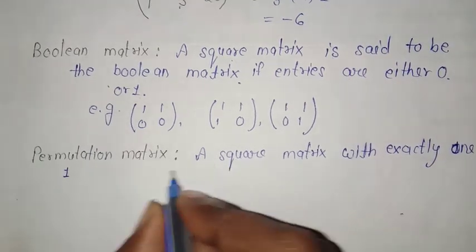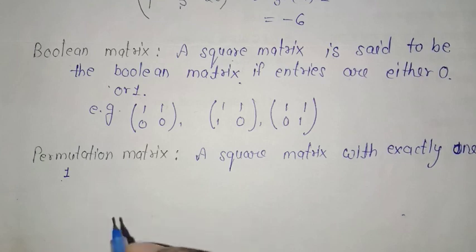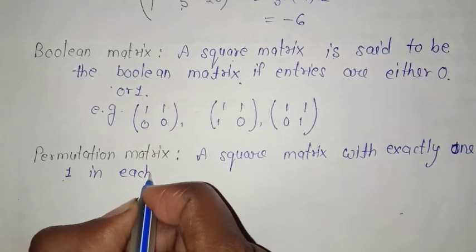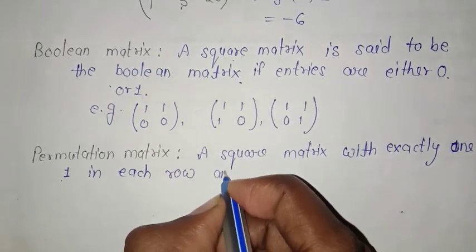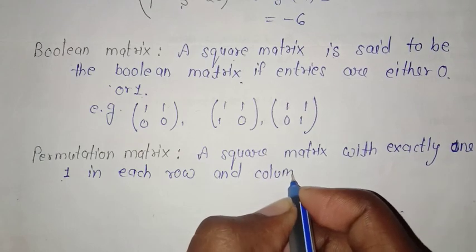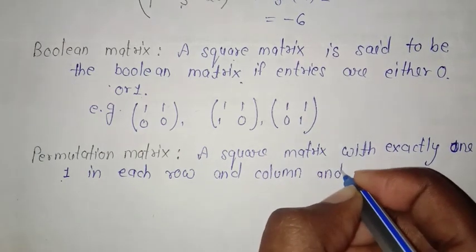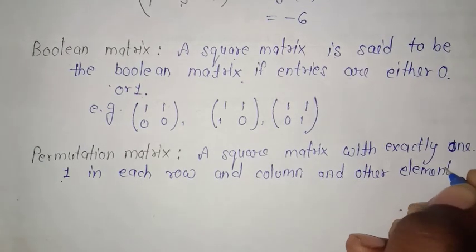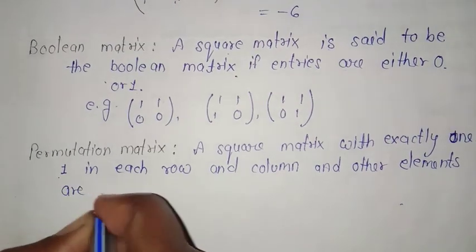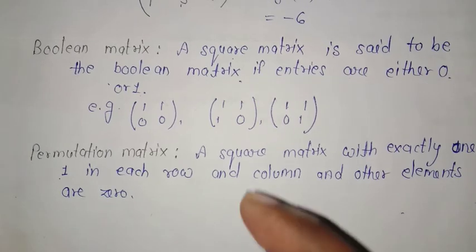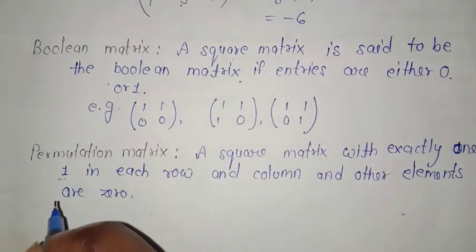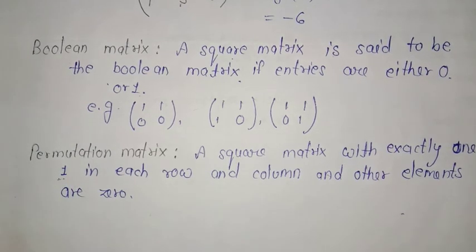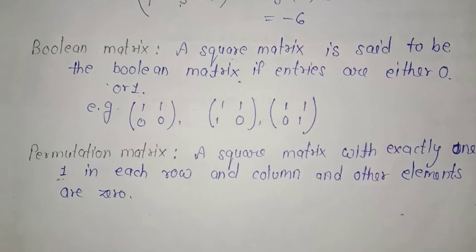That is, the 1 will appear in each row and each column just once, and other elements are 0. That is, in each row and each column you will get 1 only once, and the other entries in that row and column must be 0. So if this kind of matrix is obtained, you will say that it is a permutation matrix.